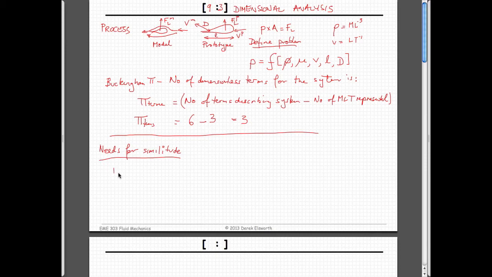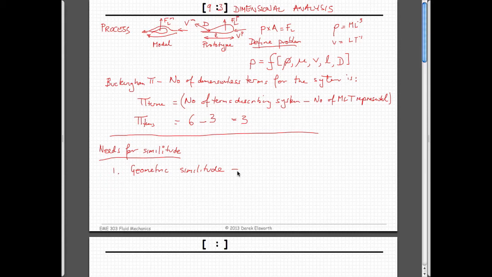First of all, you need to have a geometric similitude, which is just a fancy way of saying that if you're going to make a model of a plane to put in a wind tunnel, it should actually look like the plane, just shrunk down to whatever scale you want.